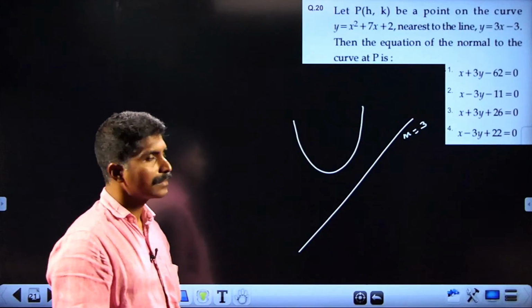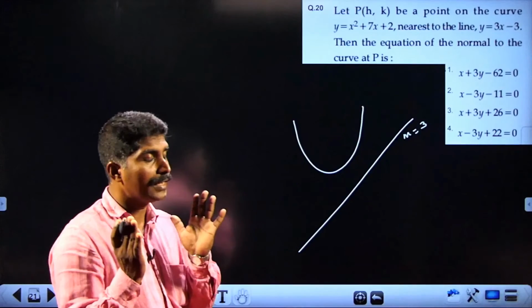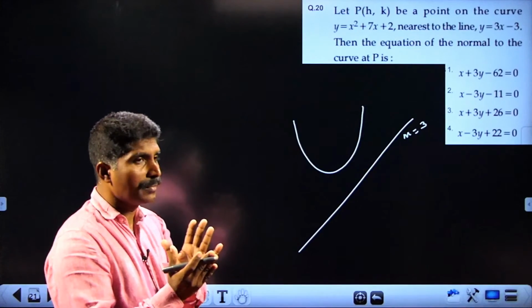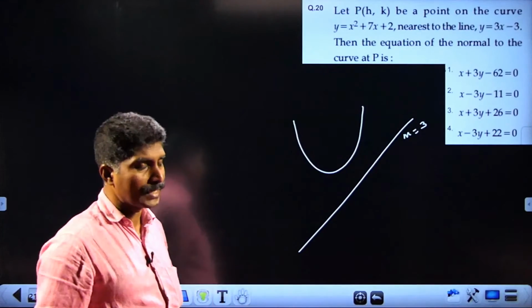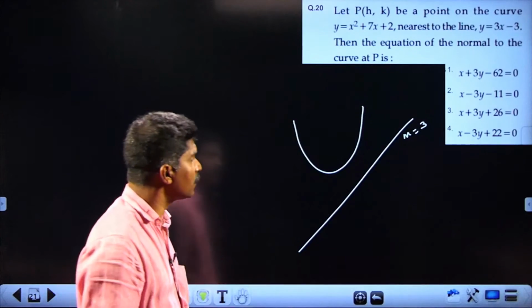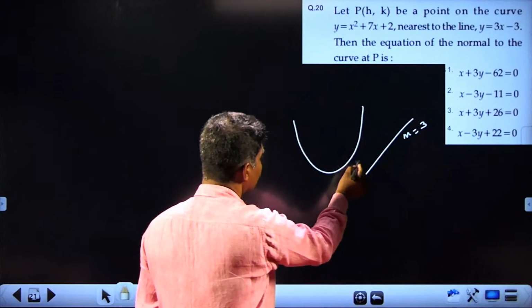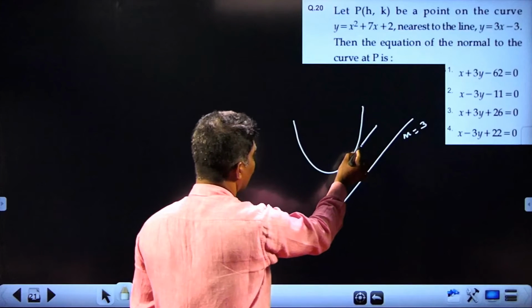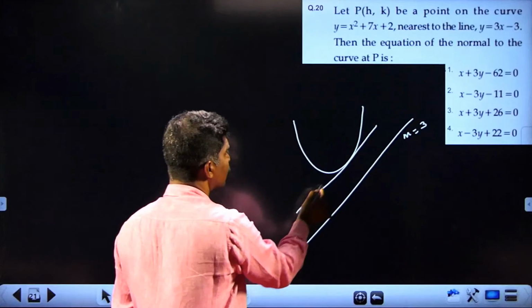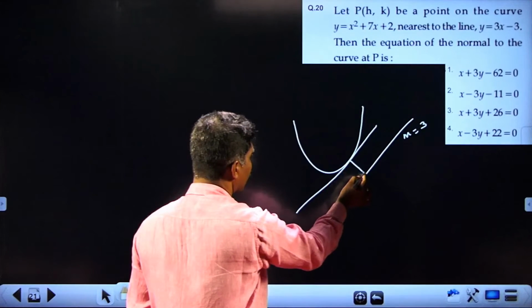y equal to 3x. And the point is nearest, which means the concept of shortest. Shortest distance means perpendicular distance. If you draw a perpendicular, then the perpendicular is always perpendicular to the tangent.